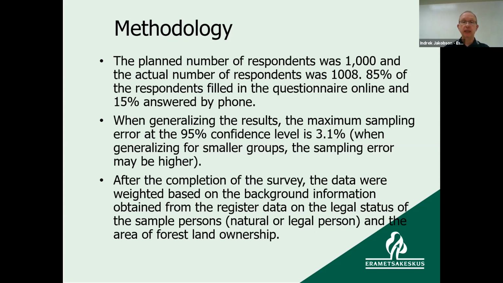The maximum sampling error at 95%, the regular confidence level, is 3.1%. Of course, for some groups smaller than the sample, the error may be higher, but we officially state this number, which is not very small, but not big.